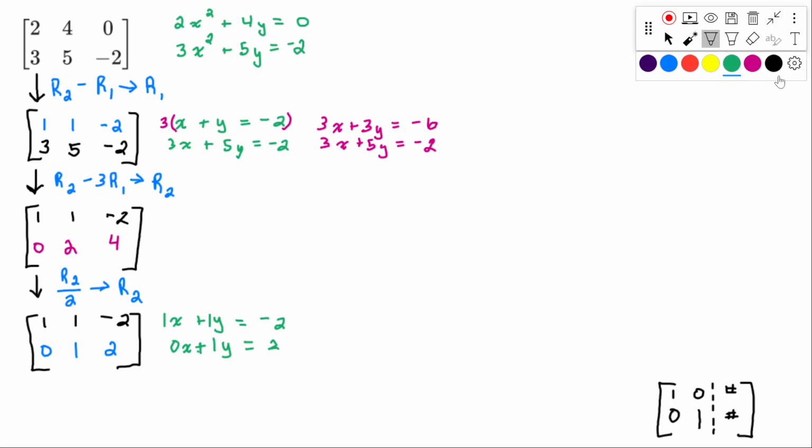So what I'm going to do, and I'm going to show the description up here, since I'm running out of room over there, I am going to take row 1, subtract row 2, and put the result in row 1. So row 2 is going to stay 0, 1, 2.